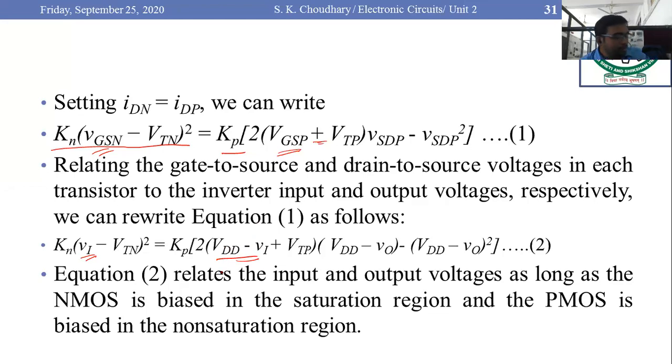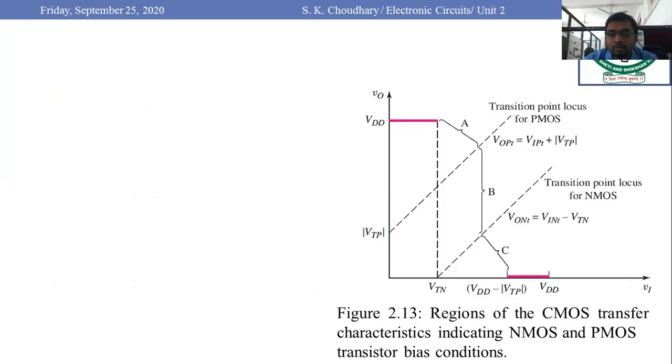So it would be VDD minus Vi plus VTP, and VSDP is VDD minus V0. In a similar fashion, we have written equation number 2. Equation number 2 relates the input and output voltage as long as NMOS is biased in saturation and PMOS is biased in non-saturation.